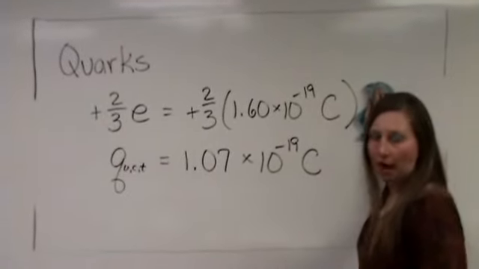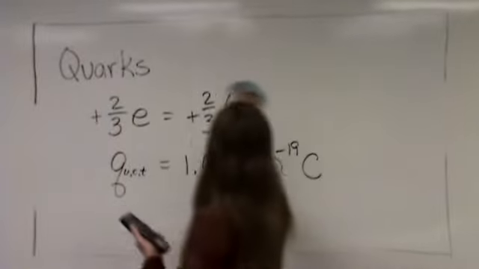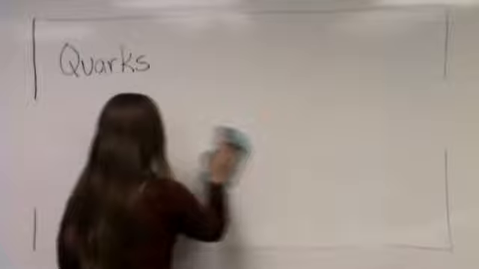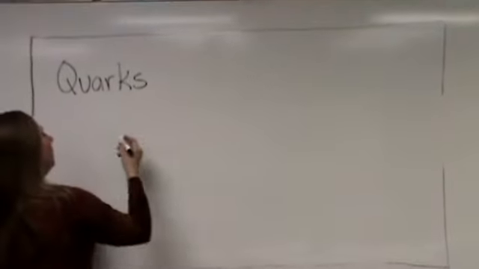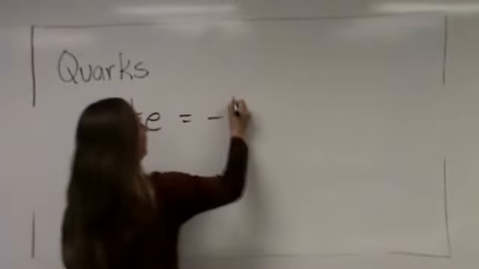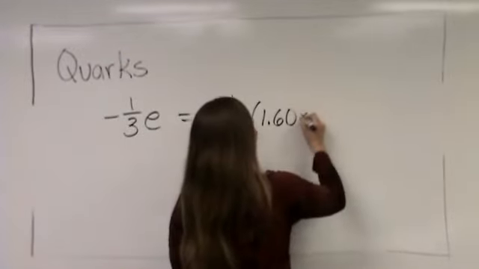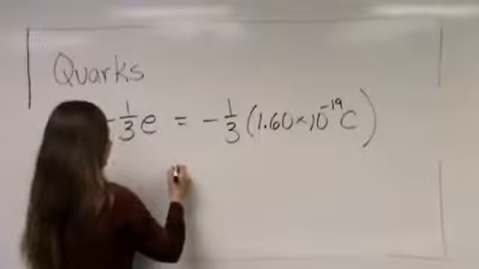The charge on a down quark, a strange quark, or a bottom quark. Remember that those quarks are negatively charged. So here we go. Negative 1/3 times E, negative 1/3 times 1.60 times 10 to the negative 19 coulombs.